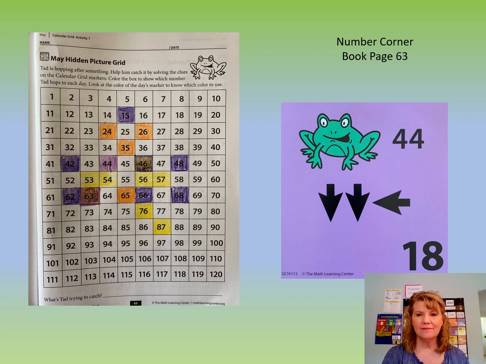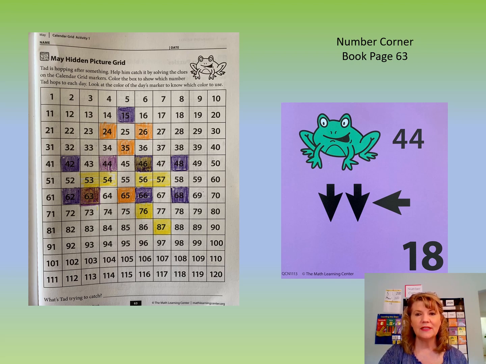We notice there's the 18th for today's day, May 18th, and then we see Tad, and it shows that he's on number 44. It also shows that he's hopping down 2 hops and then backwards 1 hop. I wonder where he is going to land.